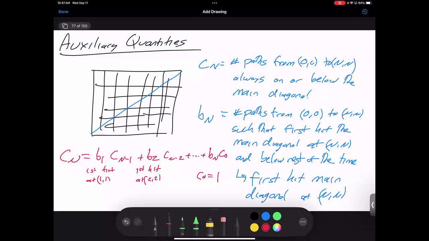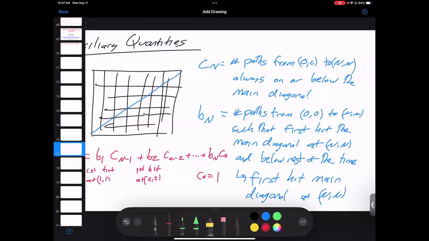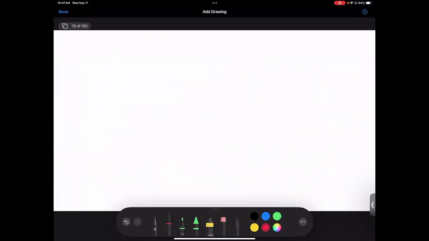The problem with this is twofold. One is that the number of terms is growing with n, so this is a lot harder than the Fibonacci numbers. The second is that it involves both B's and C's. I've introduced an extra sequence, but I claim that there's a nice relation between the B's and the C's.